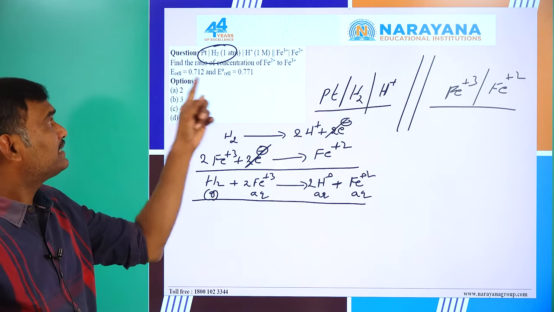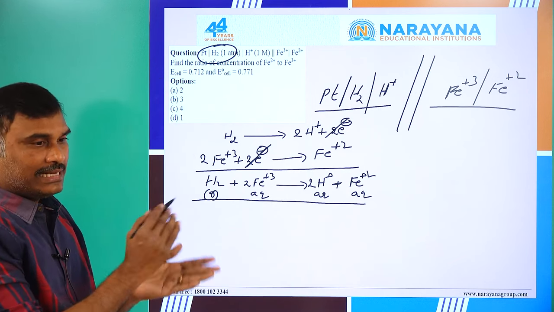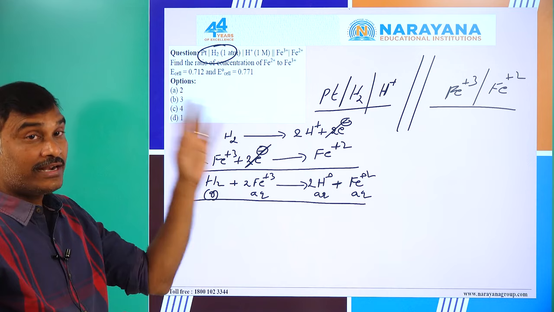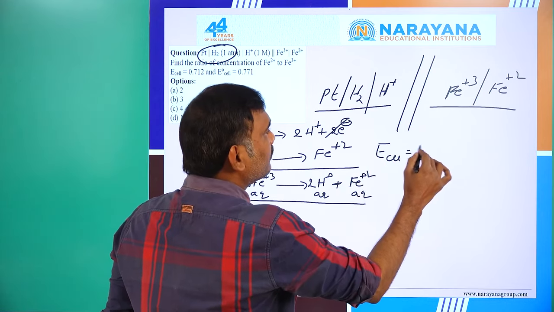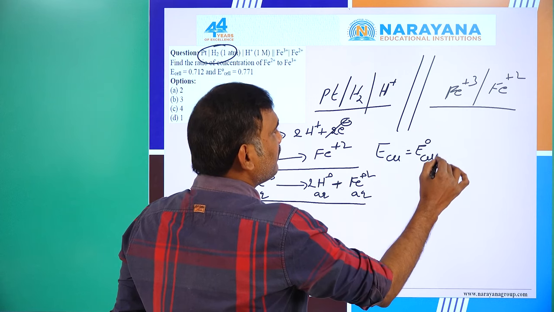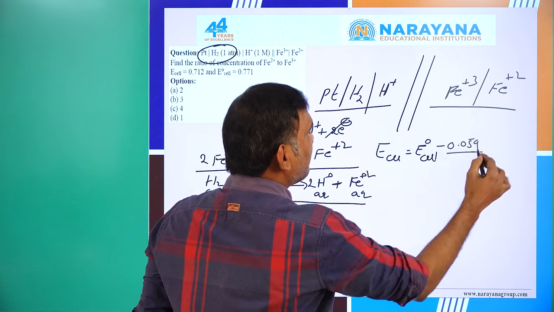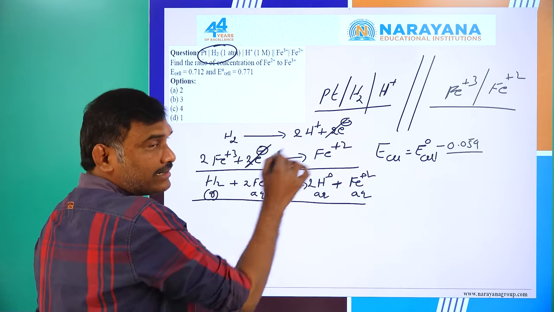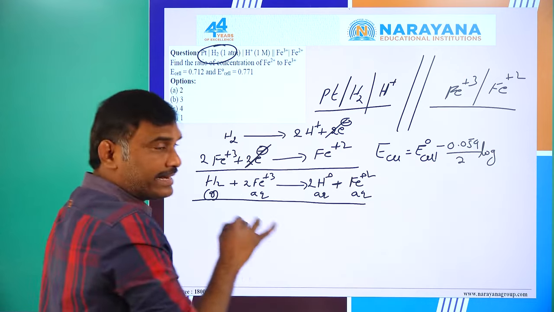To find E cell, E naught cell is given, and we use the relation between E cell and E naught cell at different concentrations by the Nernst equation. E cell is equal to E naught cell minus 0.059 by n, where n is the number of electrons transferred, times log of product concentration by reactant concentration.